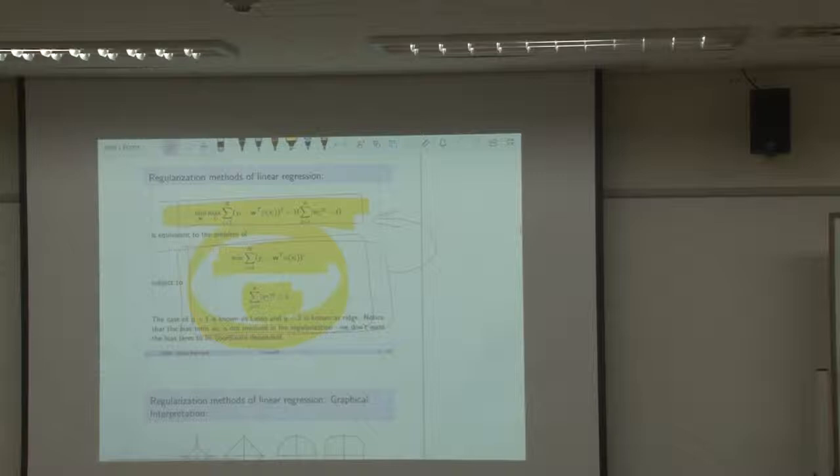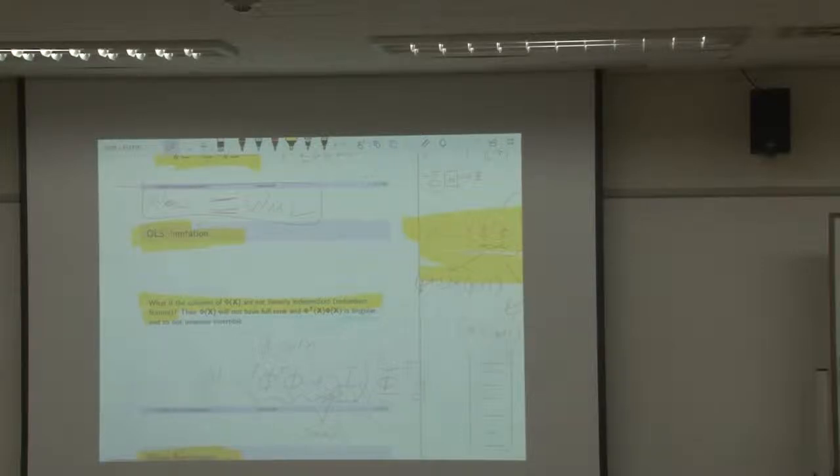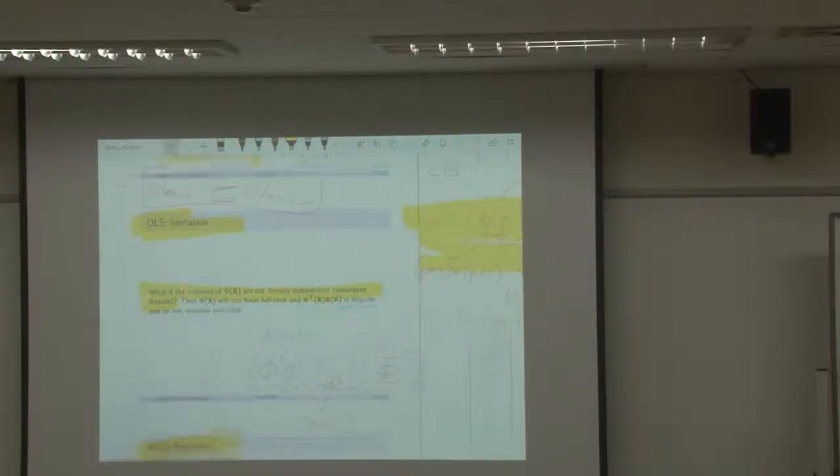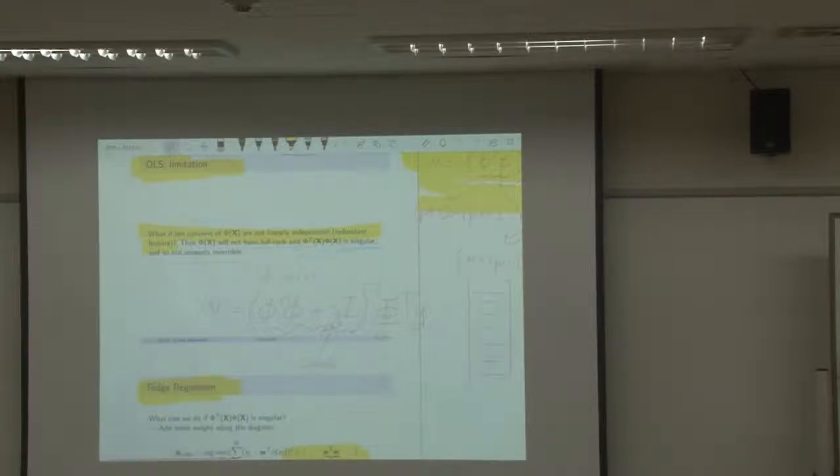Okay, so we were looking at regression, and we looked at this algorithm called OLS. We tried to minimize the residual sum square, and it led to an explicit form.